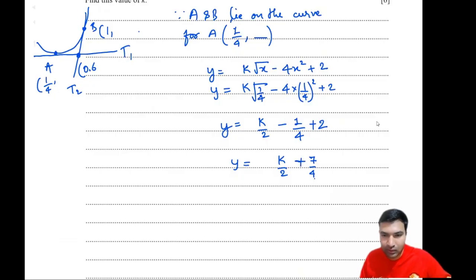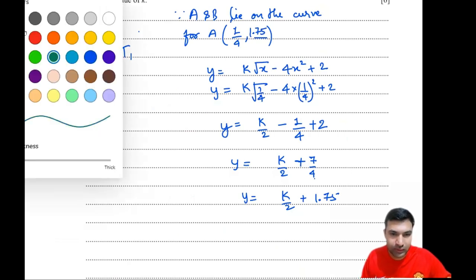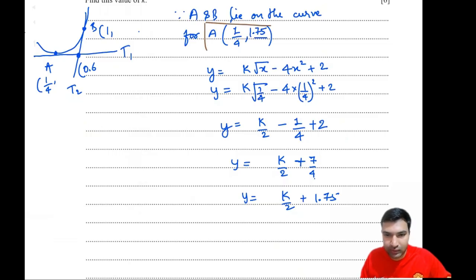So I can write this thing as k by 2 plus 7 over 4, which is 1.75. So we got the value of A. Okay, we'll go slowly. So we got the coordinates of A, that is 1 by 4 and k over 2 plus 1.75. So first thing is to find point A and B.